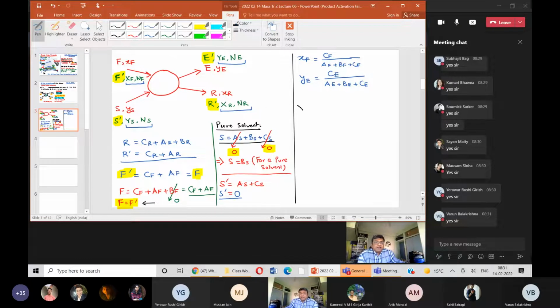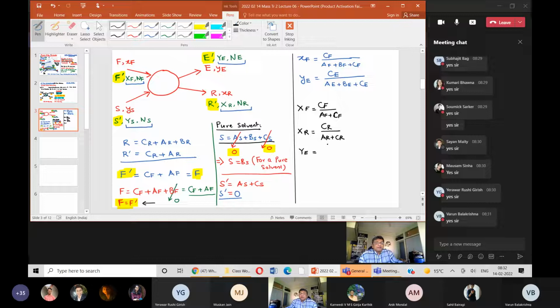Capital XF is CF divided by AF plus CF. And it turns out this is equal to small cf. Similarly, what is XR? XR is going to be CR divided by AR plus CR.